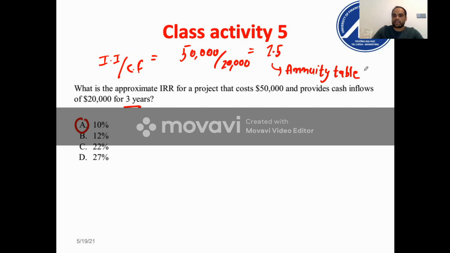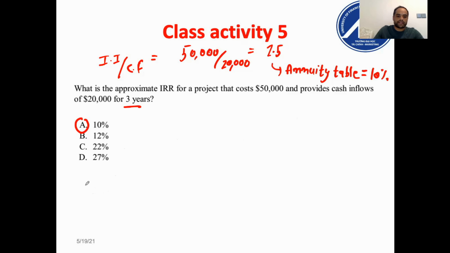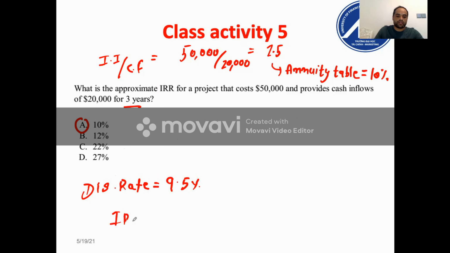So you find this table value, which is 10%, right? And last time I wrote down the discount rate as, let's say, 9.5%. And IRR is greater than RRR, or the discount rate.